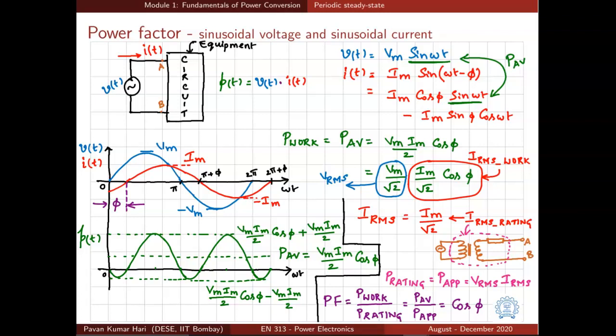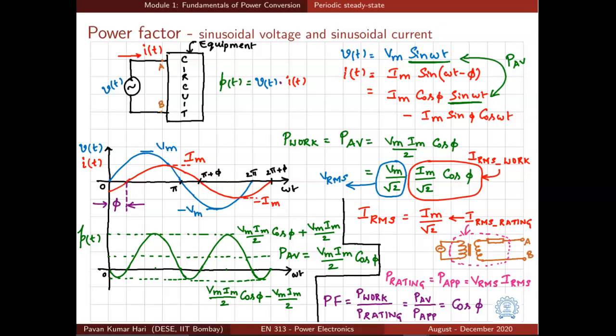be within specified limit. For example, if you consider the source to be a transformer, the secondary winding of the transformer carries this total RMS current, and also we have some cables running from transformer all the way to this equipment, and all these cables actually carry this total RMS current Im by root 2.